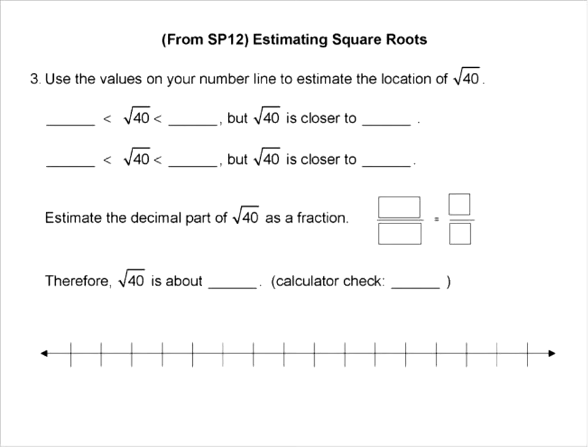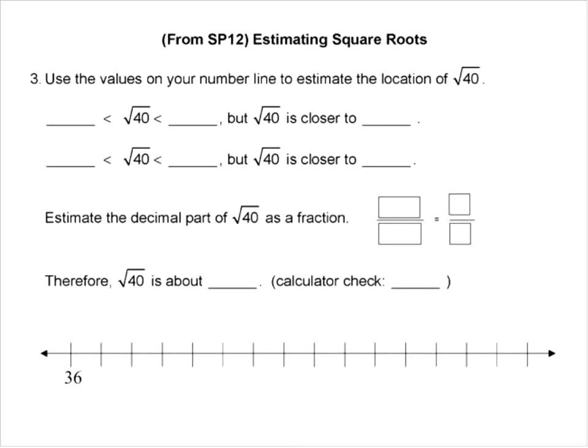Having that page with the perfect squares filled out would be helpful, but I think we can figure it out. So the square root of 40 is between what 2 perfect squares? It's going to be between 36 and 49.